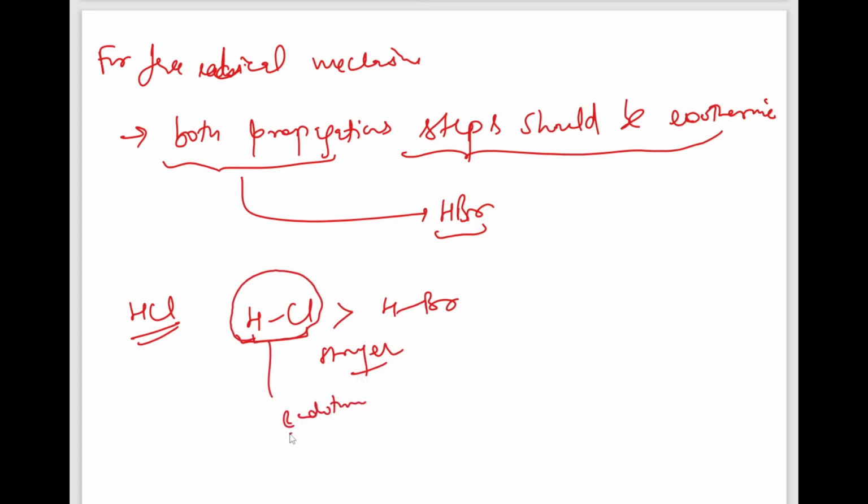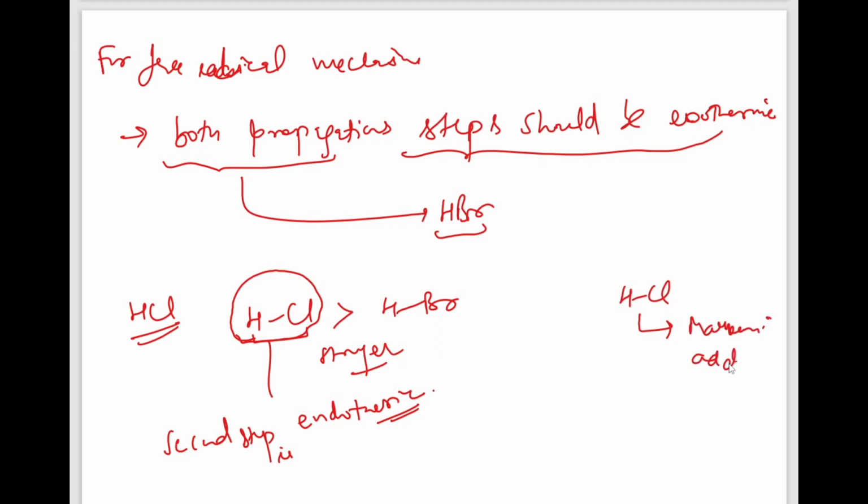For HCl, the second step is endothermic because the HCl bond is strong. So the peroxide effect is not valid in the case of addition of HCl to any unsymmetrical alkene. HCl will show Markovnikov addition, so in this case the other product will be our major product.